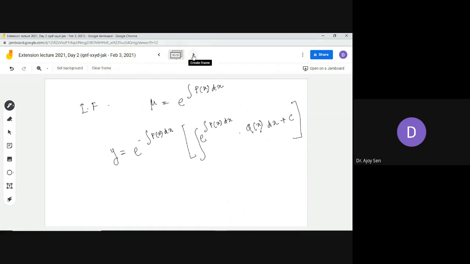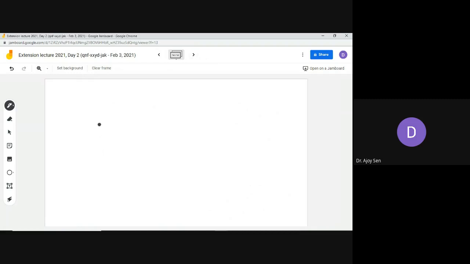This is a very complicated thing, you don't have to remember this, but you have to remember how to find this mu, or what is the form of mu. Mu equals to e to the power integration P(x) dx.